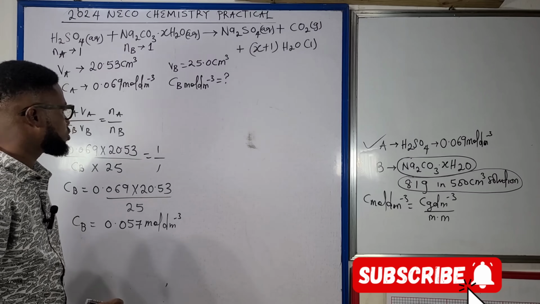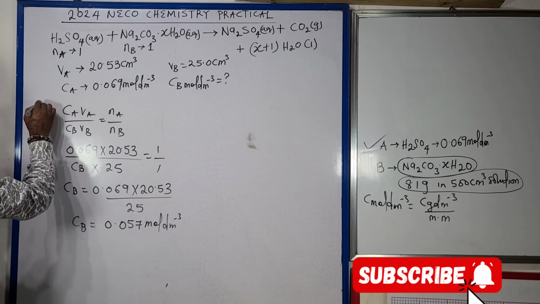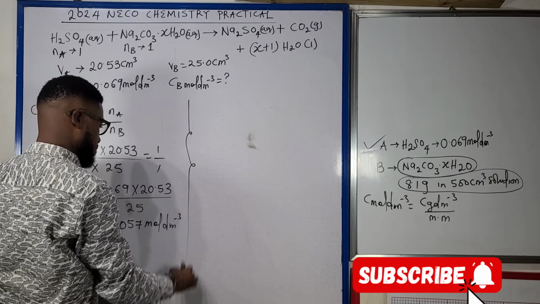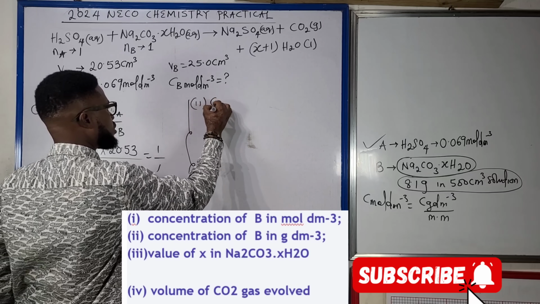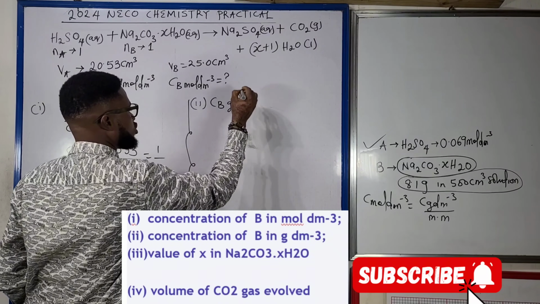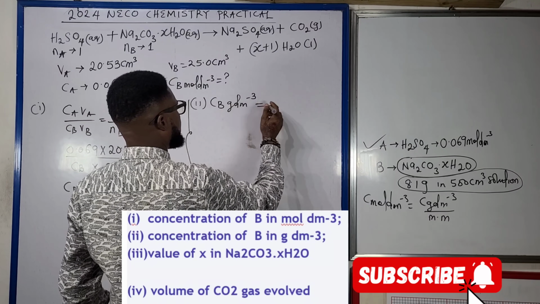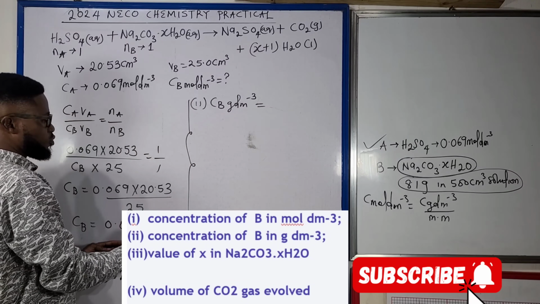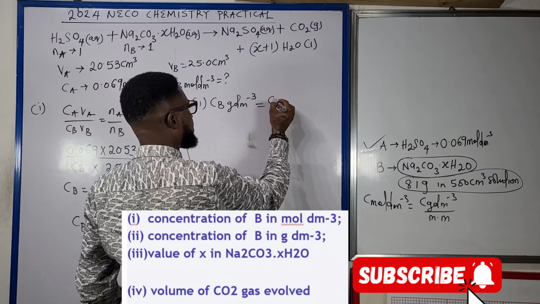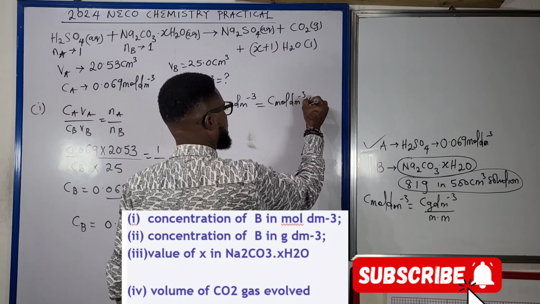The second question says we should calculate concentration of B in gram per dm cube. Okay, this is Roman figure 1. Roman figure 2 wants us to calculate concentration of B in gram per dm cube. Concentration of B in gram per dm cube here is going to be, since I now know the concentration in mole per dm cube, the concentration in mole per dm cube times the molar mass.